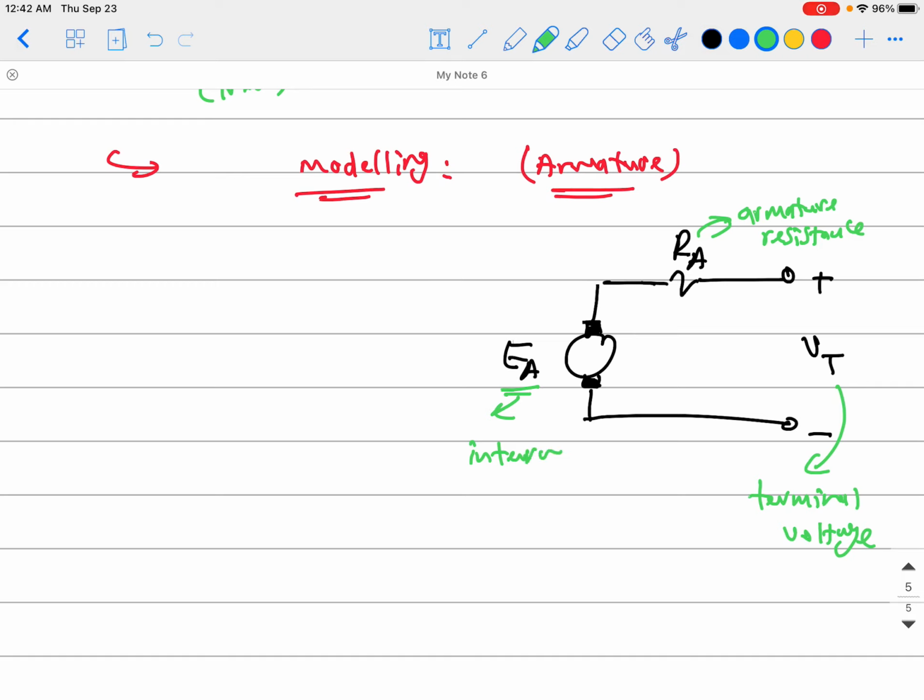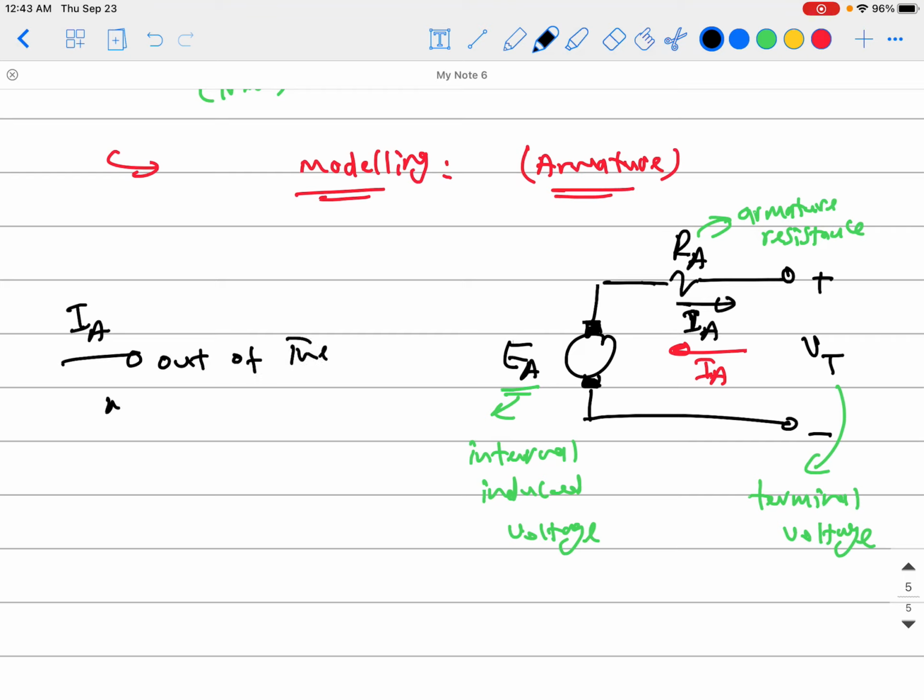There is the internal induced voltage. And this will be Ia, the current of the armature. Actually, it can be going out like this or going in like this. What is the difference? Easy. Ia will be out of the machine in case of a generator, because that's the basic idea.